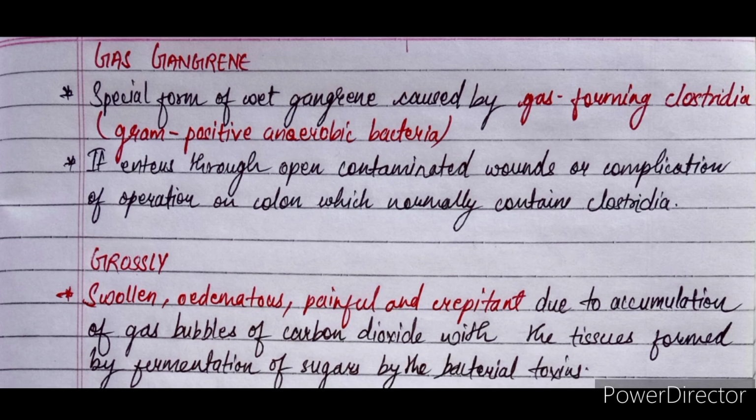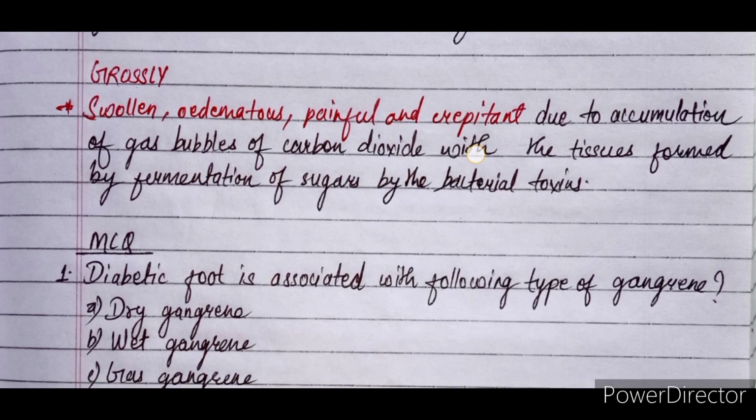It enters through open contaminated wounds or as a complication of operation on colon which normally contains Clostridia. So grossly, gas gangrene appears as swollen, edematous, painful and crepitant. So what is crepitant? It means bubbles containing air cavities.